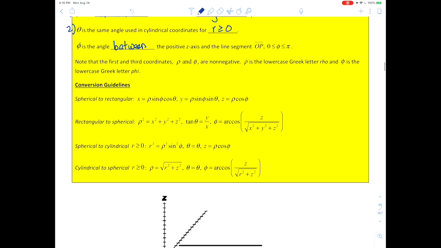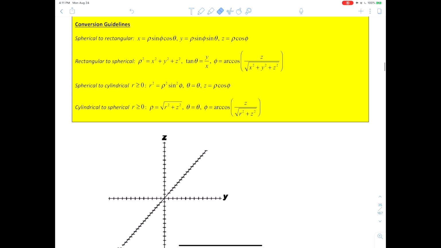All right, conversion guidelines. So spherical to rectangular, x is equal to rho sine phi cosine theta, y is equal to rho sine phi sine theta, and z is equal to rho cosine phi. Rectangular to spherical, rho squared is x squared plus y squared plus z squared, tangent theta is y over x, and phi equals arc cosine of z over the square root of x squared plus y squared plus z squared.